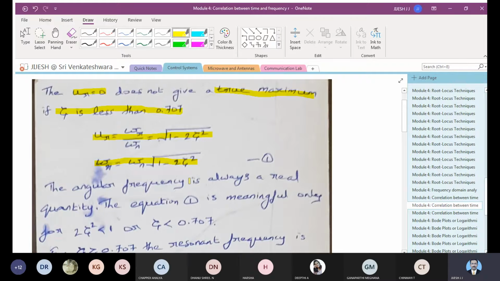So the angular frequency is always a real quantity, and equation 1 is meaningful only under a condition, so this condition is very important. You can say that omega r is equal to omega n root of 1 minus 2 zeta square is valid when 2 zeta square is less than 1, or zeta is less than 0.707. So this condition has to hold for equation 1 to be meaningful.